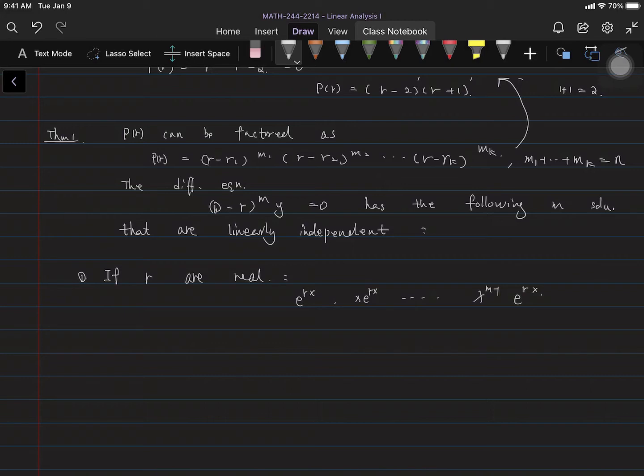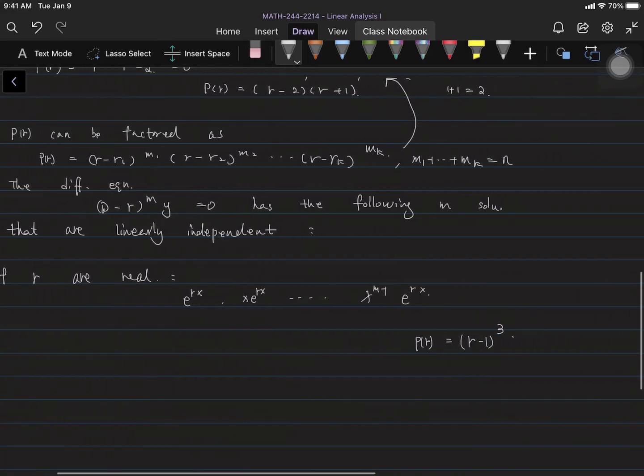So what's the meaning of this one? If we factor P(r), we get something like this. So m is 3, right? And for the root r the multiplicity is 3. Let's use 2 here, 2 is easier to see.